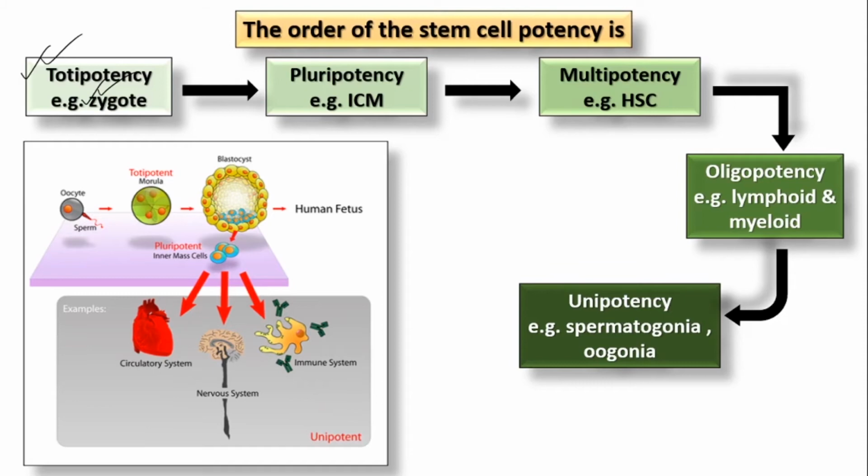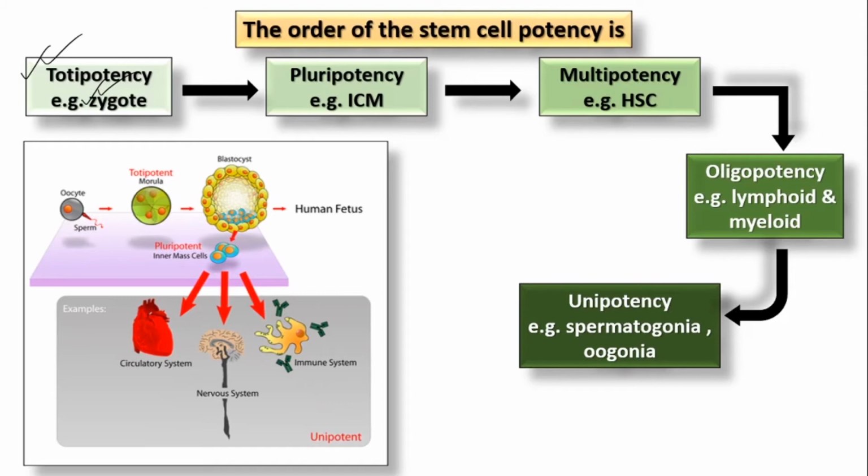Here the cells can form 2 to 3 kinds of cell types, for example lymphoid or myeloid cell types. And the last one is unipotency, because here the cells have the ability to form only one kind of cell type, that is, spermatogonia or oogonia act this way, because they can form either sperms or ovums.